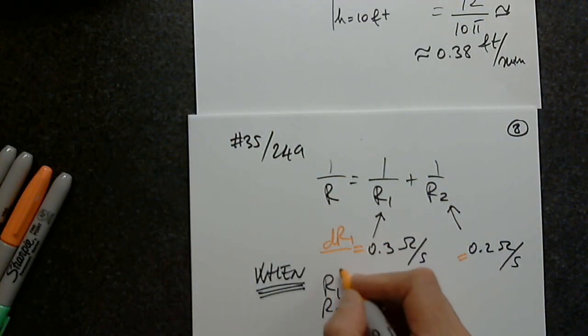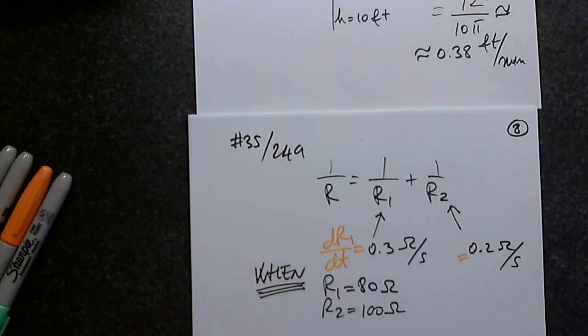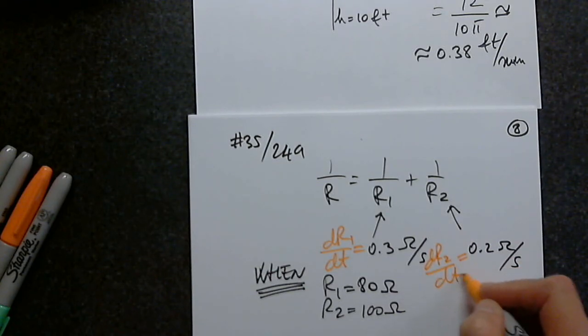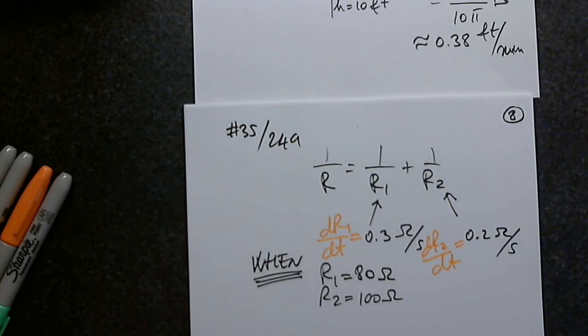So dR1 over dt. Perfect. What does this represent? Very good. dR2 over dt. What are we asked to find? Very good. dR over dt is what we're asked to find when R1 is this and when R2 is this, and we should not worry about this just yet. Perfect.